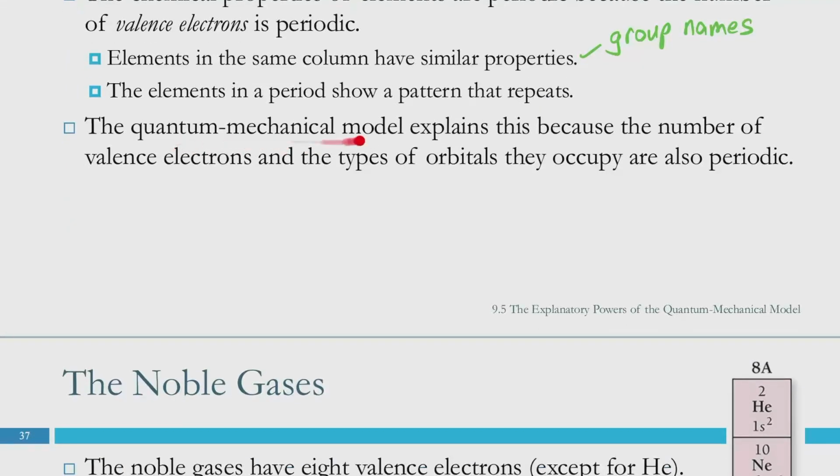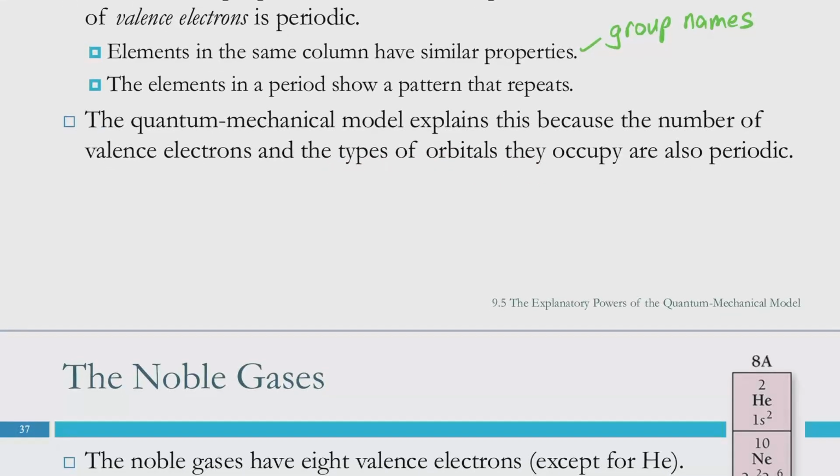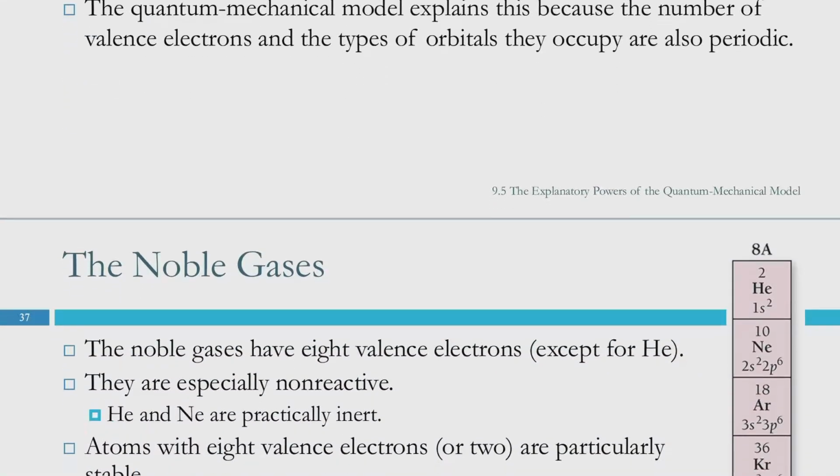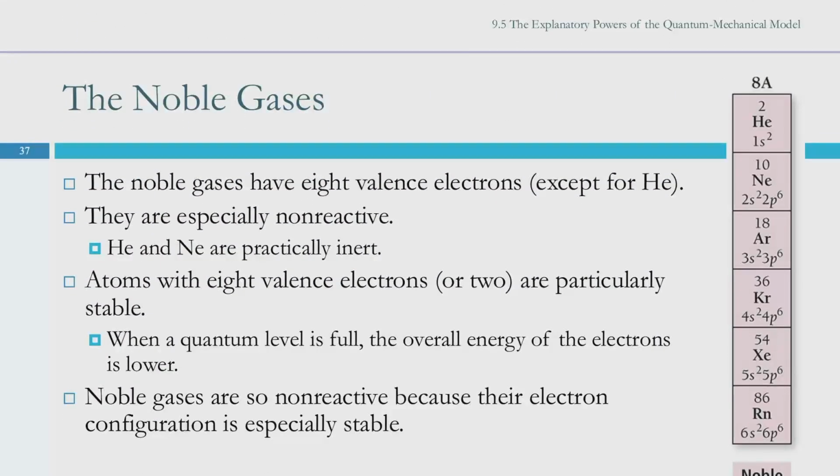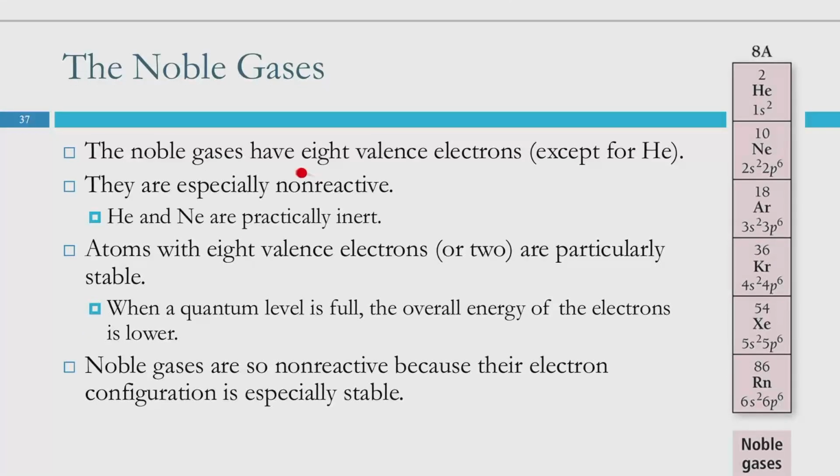Quantum mechanics explains this because the number of valence electrons is the same, and the types of orbitals that they occupy are also the same. It's just we've added a shell on top of that. So for example, all of our noble gases have 8 valence electrons, which represents a full outer shell, which is especially stable.